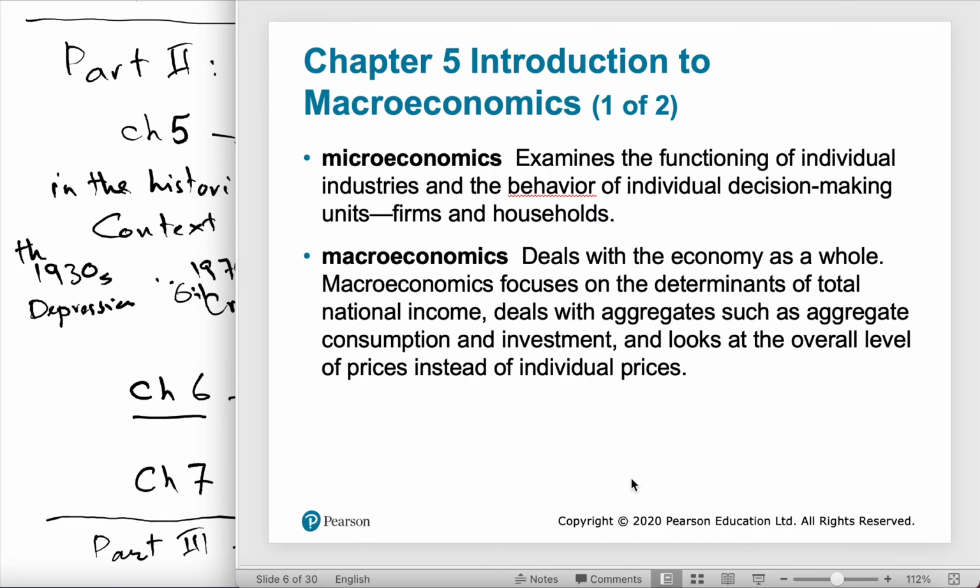Okay, so if you remember in the introductory part we said that economics has 2 branches, micro and macro, and micro examines the functioning of individual industries and the behavior of individual decision makers, firms and households, firms as the producers, households as the consumers, and how utility maximization for the households or profit maximization behavior of firms can be theorized and explained.